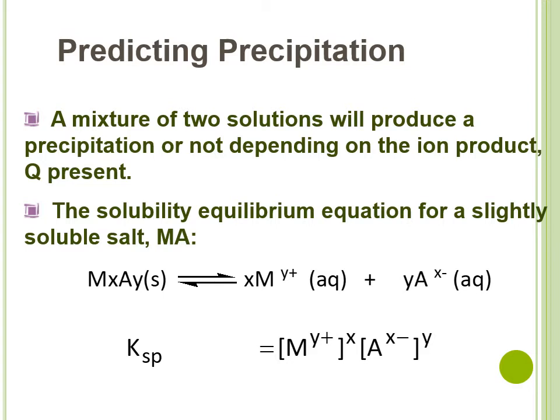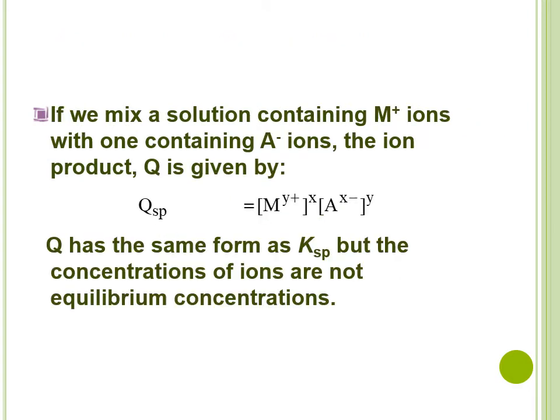So the KSP would be the concentration of ion M^y+ to the power of x multiplied by the concentration of ion A^x- to the power of y. If we mix a solution containing M+ ions with one containing A- ions, the ion product QSP is given by the concentration of ion M^y+ to the power of x multiplied by the concentration of ion A^x- to the power of y.